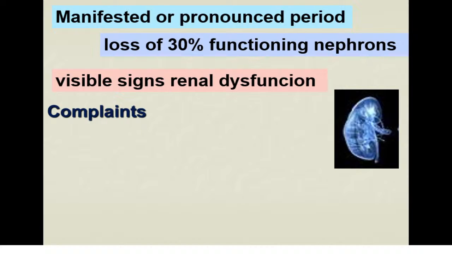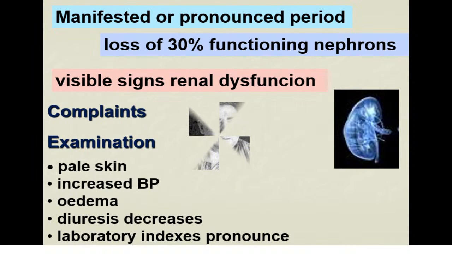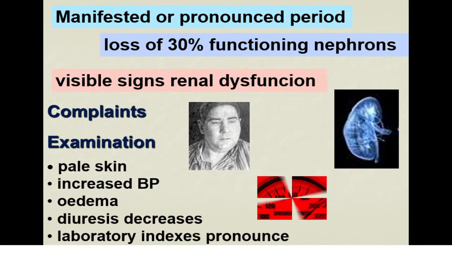Disordered diuresis, first of all polyuria, then oligoanuria. As a result, intoxication, edema, uncontrolled blood pressure. On examination, we'll see pale skin due to anemia, increased blood pressure, edema, decreased diuresis, and all laboratory indices will deviate more significantly from the norm than in the initial period: progressive anemia, progressively increased creatinine, and decreased glomerular filtration rate and diuresis.